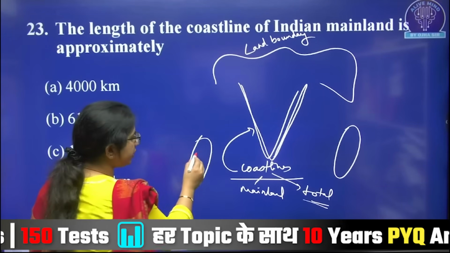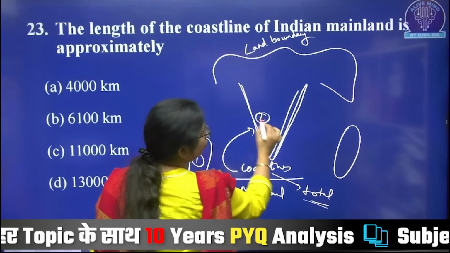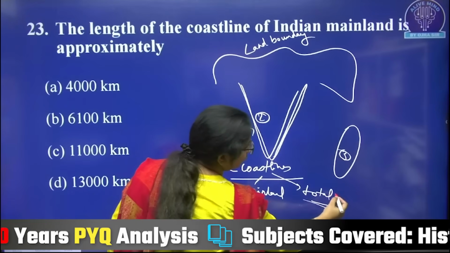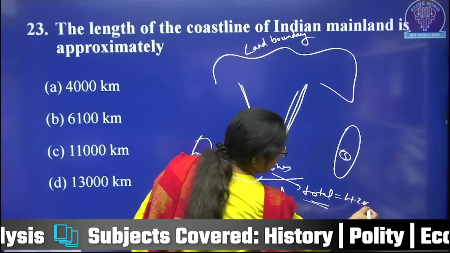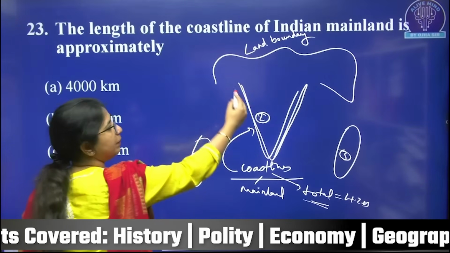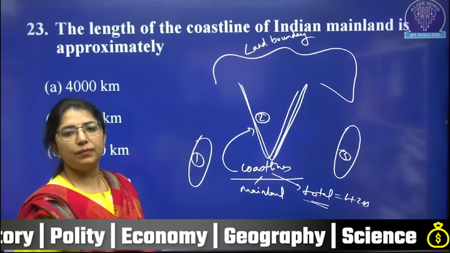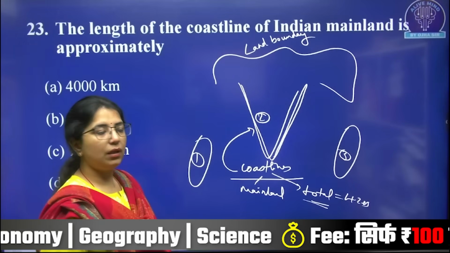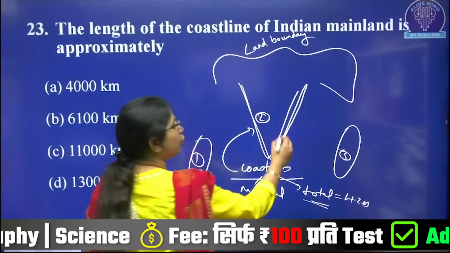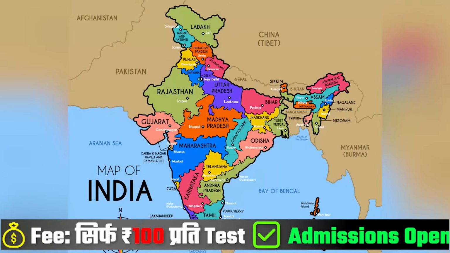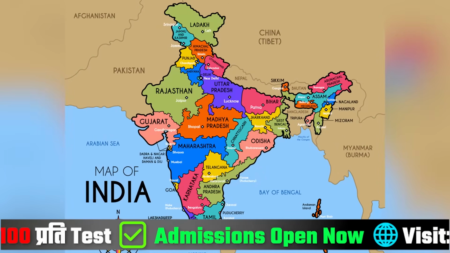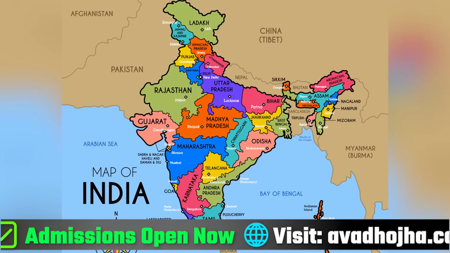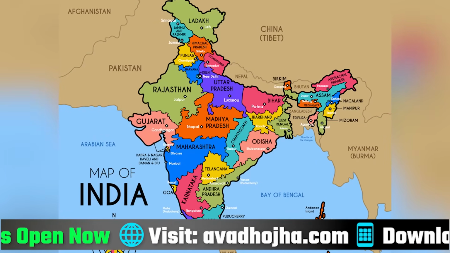This total coastline will include 1, 2 and 3. This will be equal to 1 plus 2 plus 3. That is Andaman and Nicobar, Lakshadweep and the coastal regions of India. Which you call, this is 6100 kilometers, including this it comes around 1 plus 2 plus 3. This comes around 7500 kilometers.